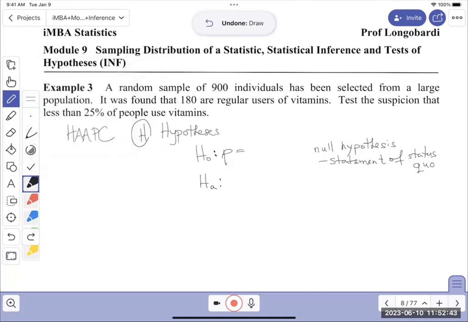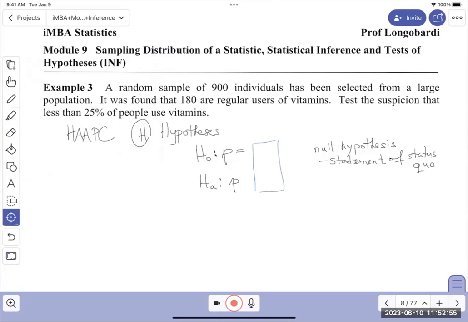And I'm going to teach you how not to mess this up. In general, this is what I do. I have to read this problem and figure out what number goes here. Whatever number goes here also goes here. What is the alternative?